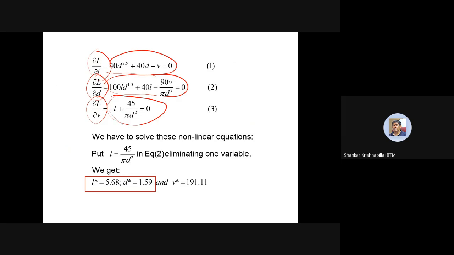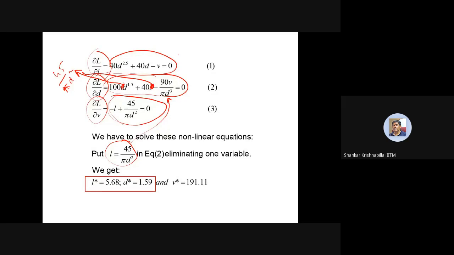From this equation, you can put L equal to 45 by pi d squared in these equations. So wherever you see L, you put 45 by pi d squared.